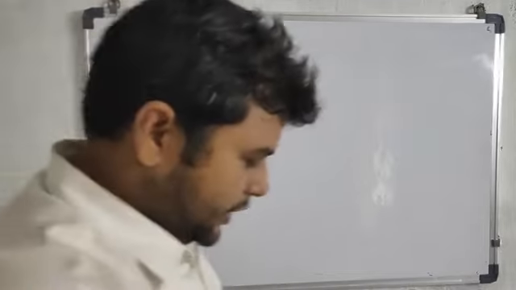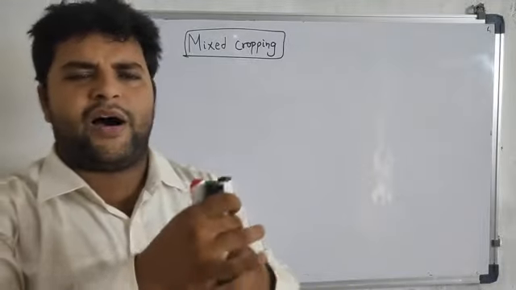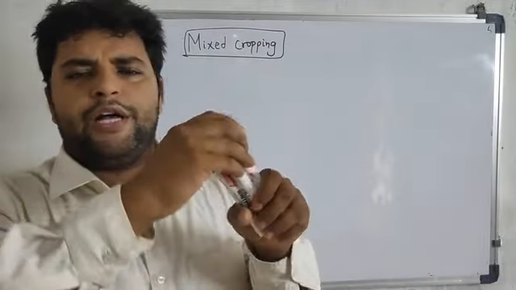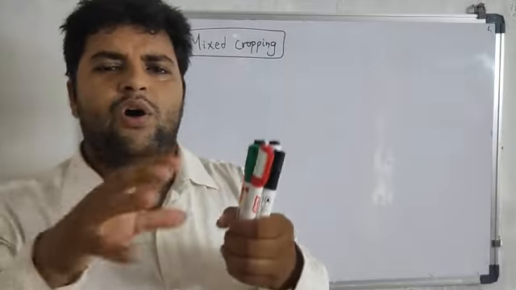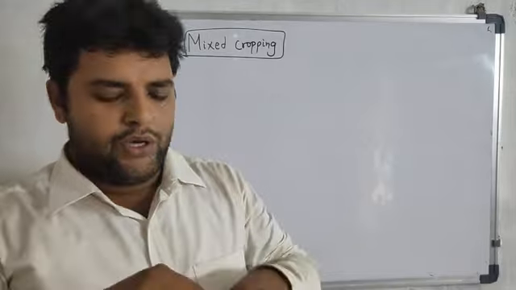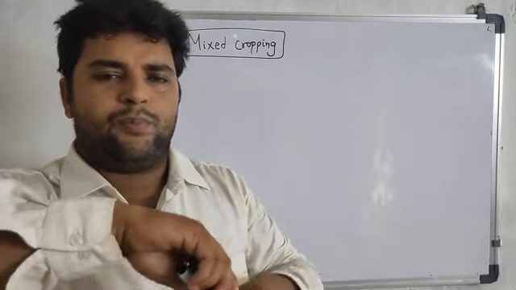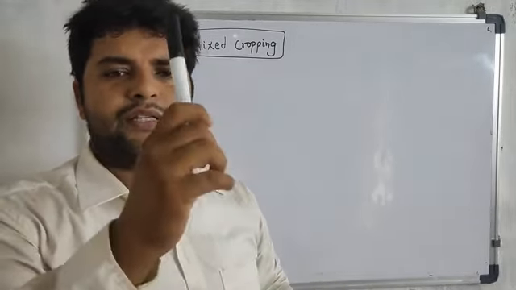Now let us discuss, suppose we are having lots of markers. Whenever you ask, what are the different markers that I am having? When I put them one by one, this is a black marker, this is also a black marker, this is also a black marker, this is the green marker, and this is the red marker.